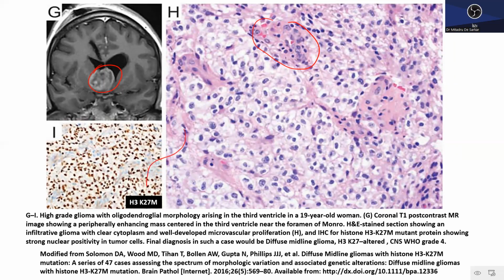And since you have done H3K27M IHC, you see that there is an expression of this mutant protein within the nucleus of the tumor cells, and hence your diagnosis becomes diffuse midline glioma, H3K27 altered, CNS WHO grade 4.